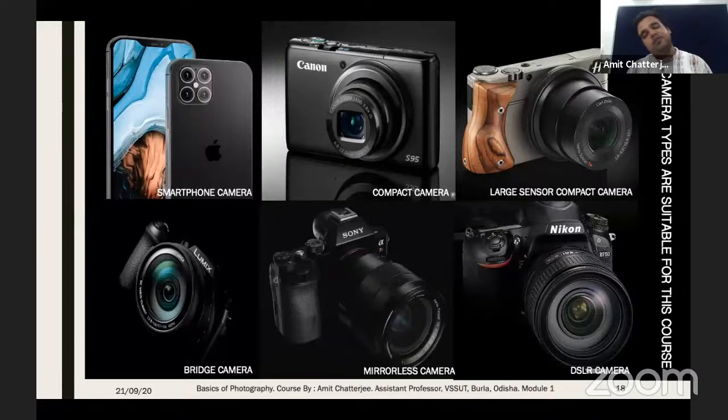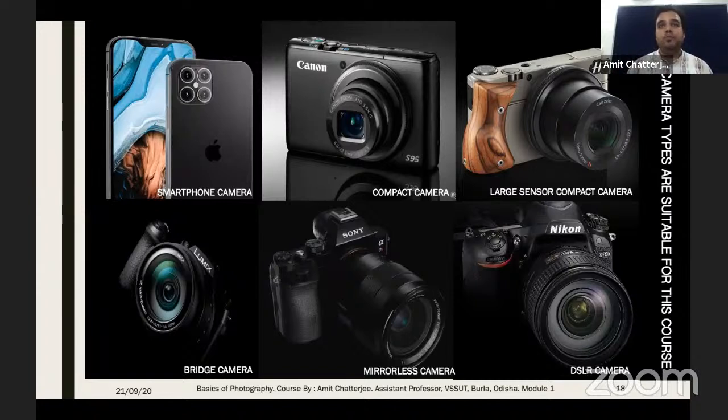The next kind of camera that we talk about is the large sensor compact camera. They are the same thing, but their sensor is large. Understand, when we talk about sensor, that means their capability of recording or absorbing light. So the larger the sensor you have, the better the camera is, meaning the better the camera's capability of capturing the image.